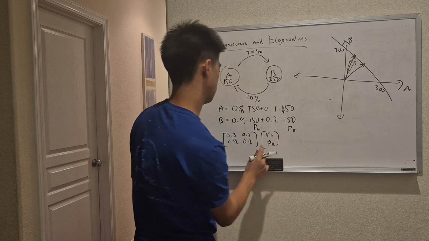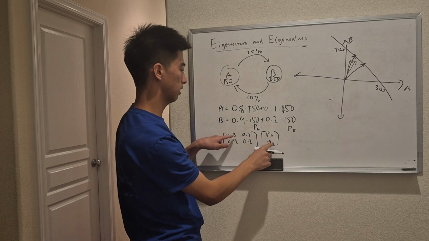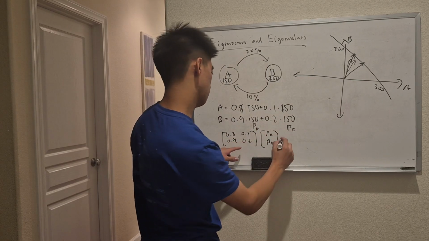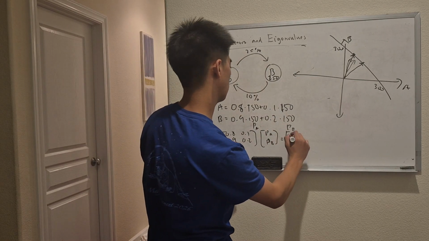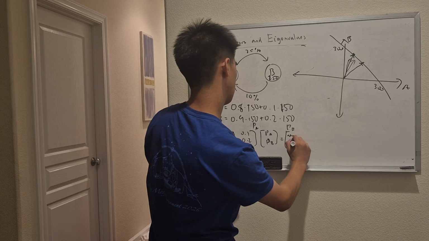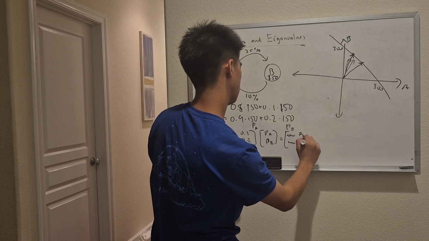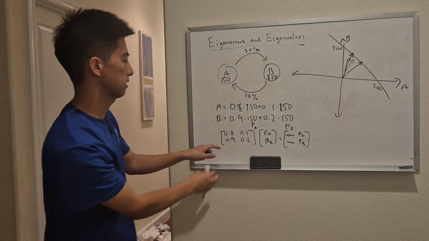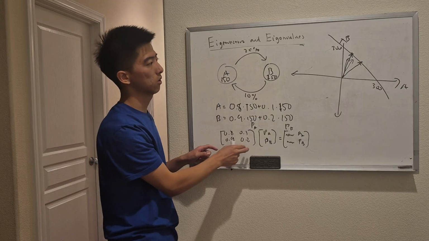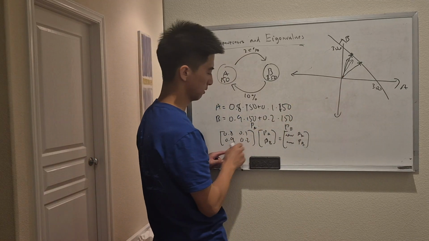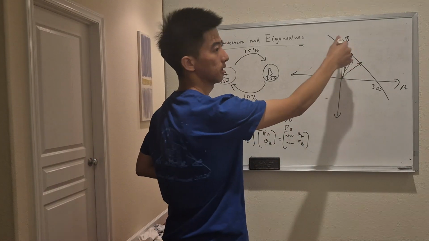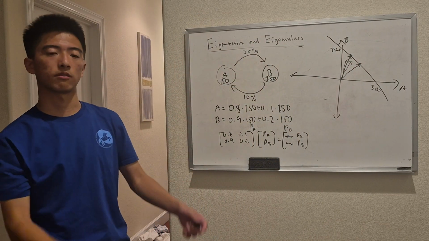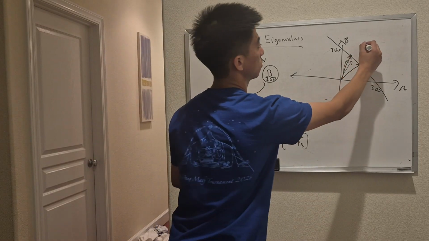We see that 0.8 times PA, 0.1 times PB, 0.9 times PA, 0.2 times PB. And this gives us our new PA and PB. So we can represent this situation as a matrix multiplication. And what's going on is that once we multiply this by some vector here, it stays as the same vector. If it's staying as the same vector, that means we have an eigenvalue of lambda equals 1.